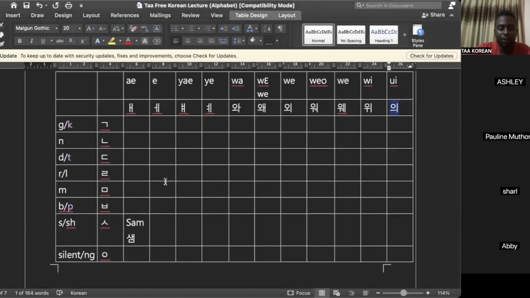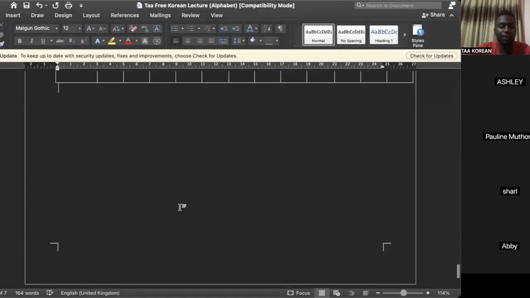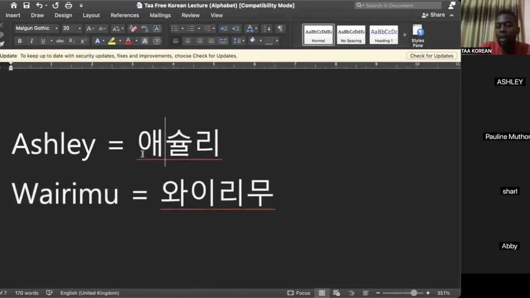But think of the name in an American pronunciation, not like I know most of us use British English, but think of it as more American pronunciation. You have Ashley, and then we have Wairimu. Okay. Can you tell me why I didn't start the name with the letter A? I started with the eh. Do you remember when we were talking about the sound changes and how Koreans transliterate mostly from an American pronunciation?